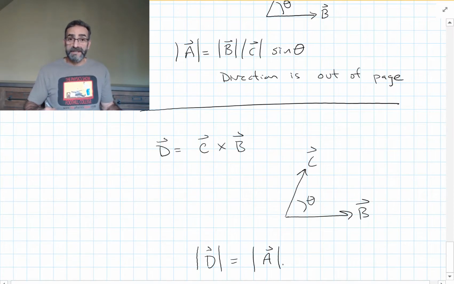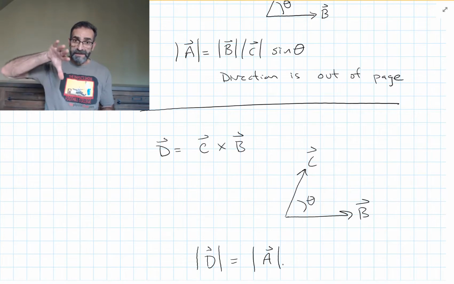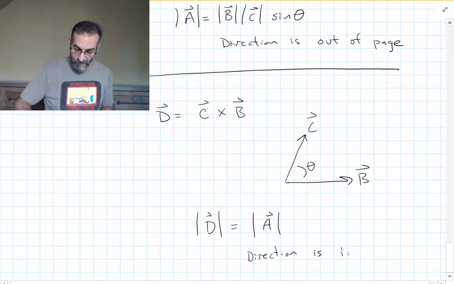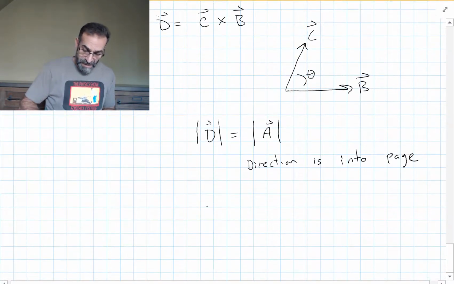The direction is flipped by 180 degrees, because when I put my fingers in the direction of C and roll them toward B, my thumb points in the opposite direction, into the page. So that means that the vector D is the opposite of vector A.